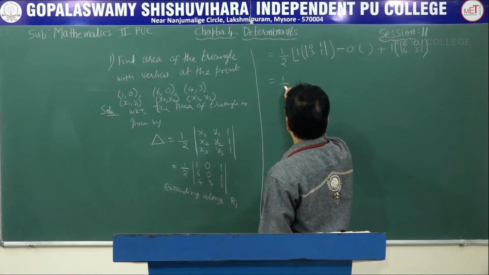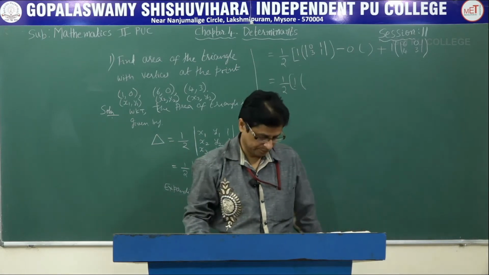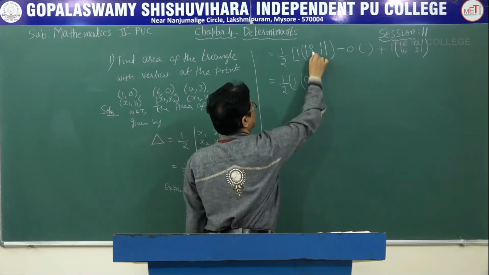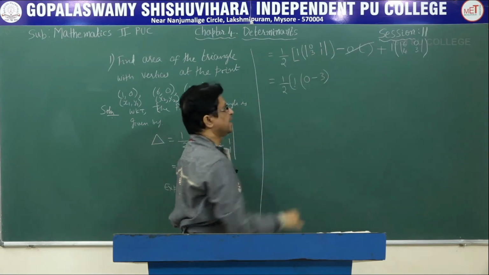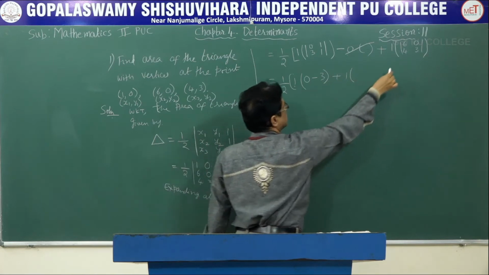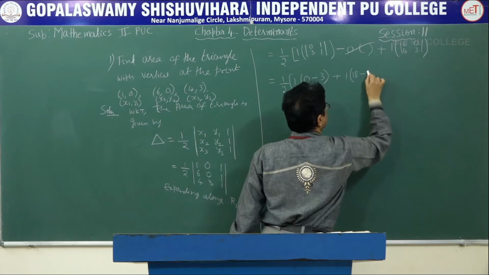So that will be equal to half into 1 into (0 into 1 minus 3 into 1), 0 into anything will get cancelled, plus 1 into (6 threes are 18 minus 4 into 0).